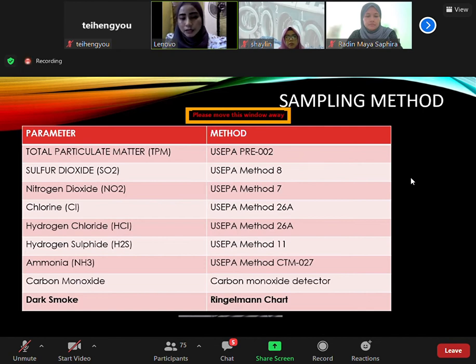And chlorine US EPA method 26A. Hydrogen chloride US EPA method 26A. Hydrogen sulfide US EPA method 11. Ammonia US EPA method CPM 027. And carbon monoxide kita guna carbon monoxide detector. Then for dark smoke kita pakai Ringelmann check.